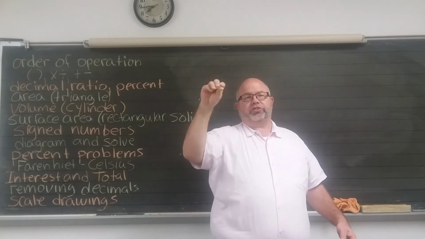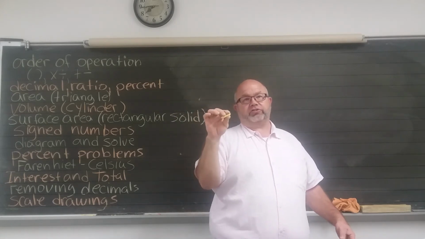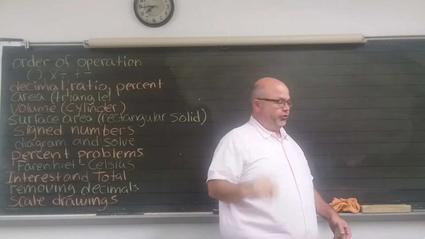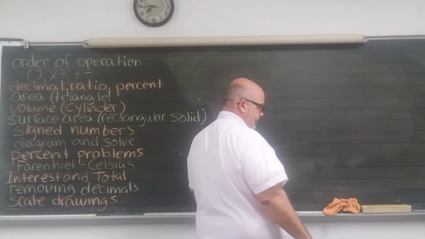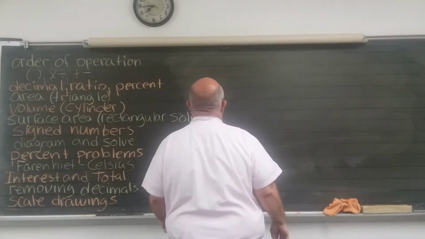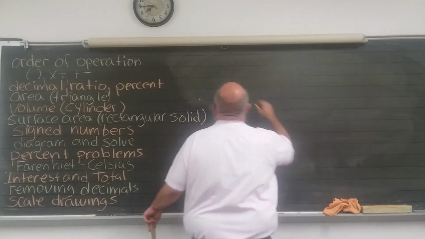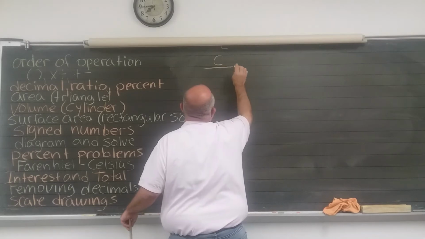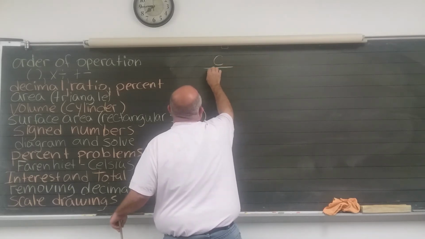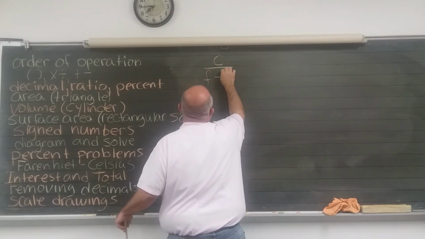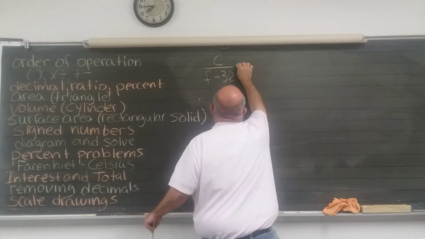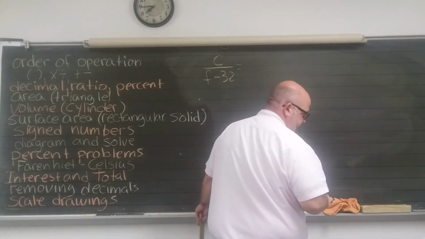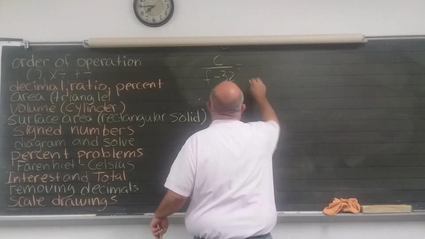But you have to deal with the fact that 0 degrees Celsius is the same as 32 degrees Fahrenheit, right? So here is always the formula that you work with. C, Celsius, equals Fahrenheit minus 32, and you work the proportion 5/9.